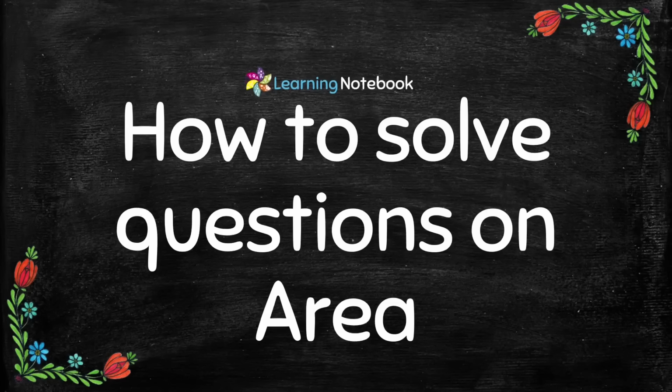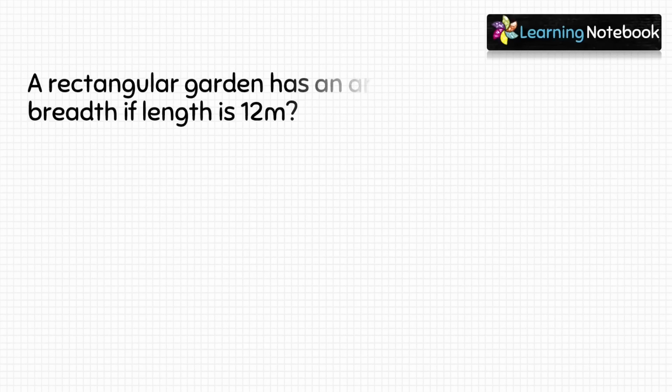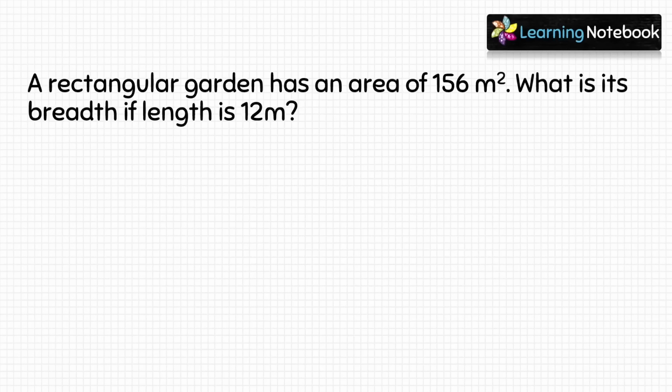Now, let's see how to solve questions related to area. Question is, a rectangular garden has an area of 156 square meters. What is its breadth if its length is 12 meters?